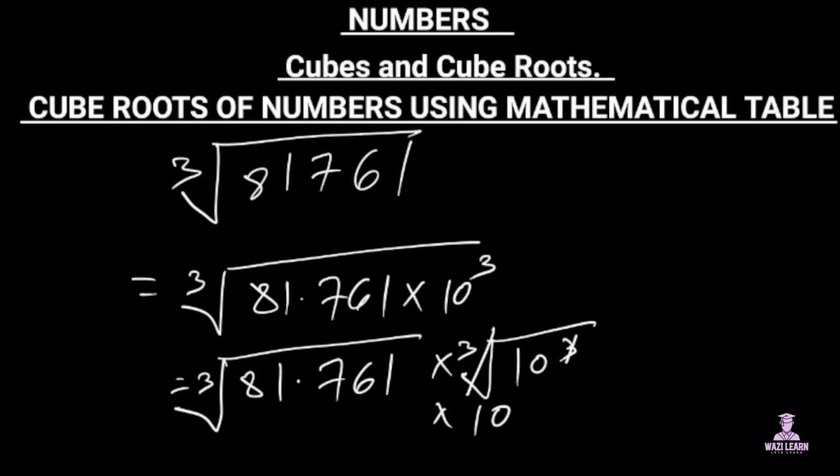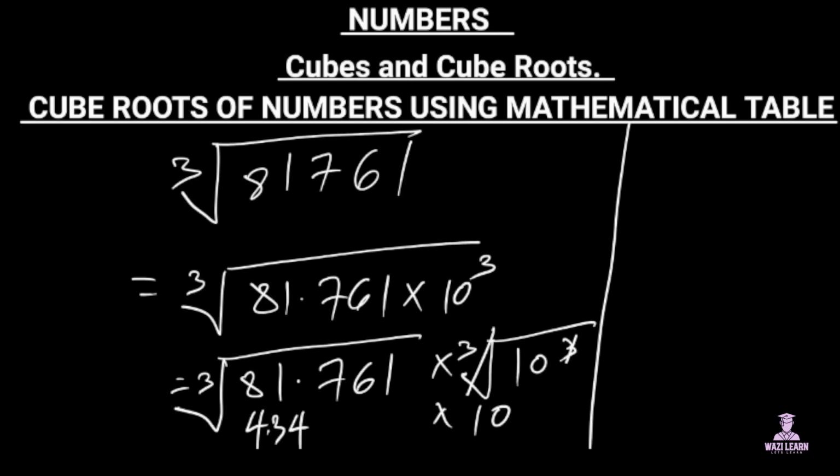So we find that it corresponds at 4.3. Let's look at 4.34. Yes, you'll find that at 4.34, the next one will be 82.31, which is more than 81.761. So you will take 4.34.